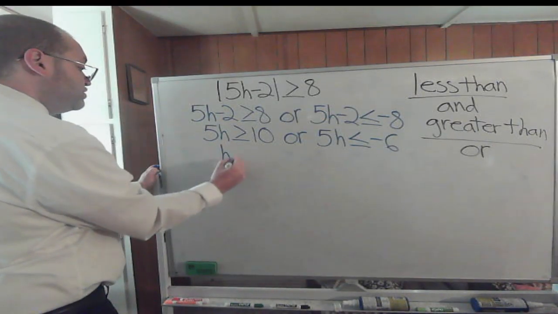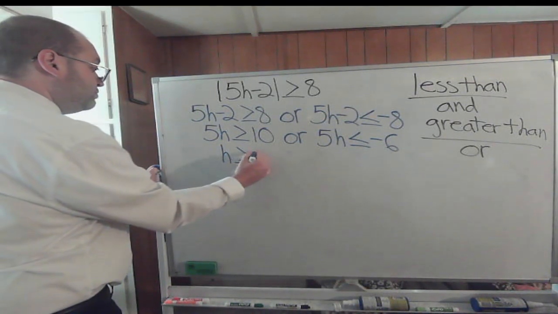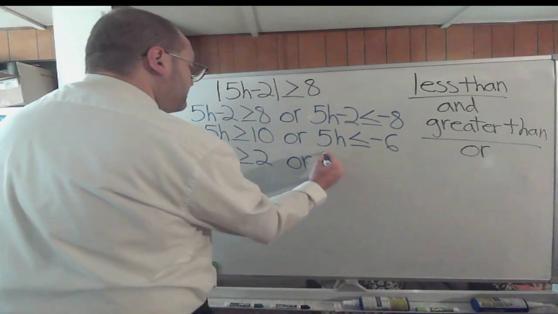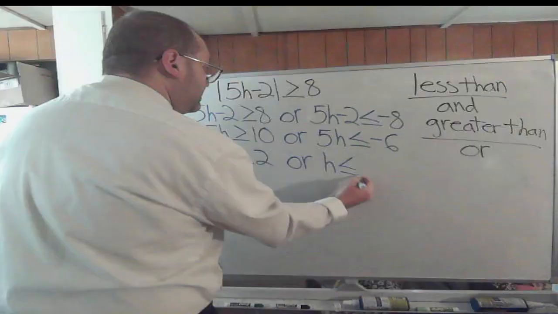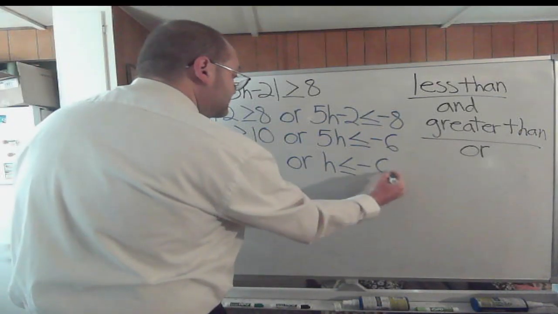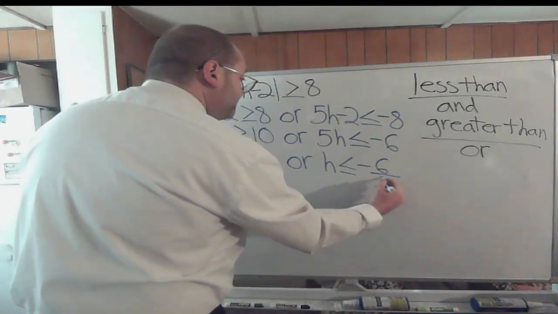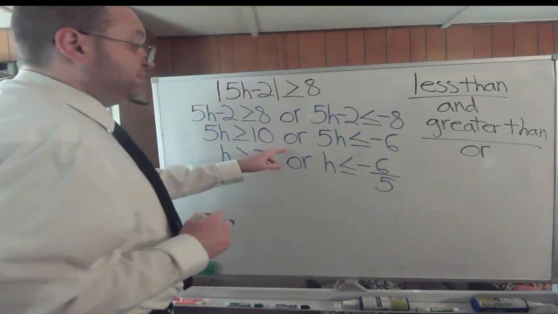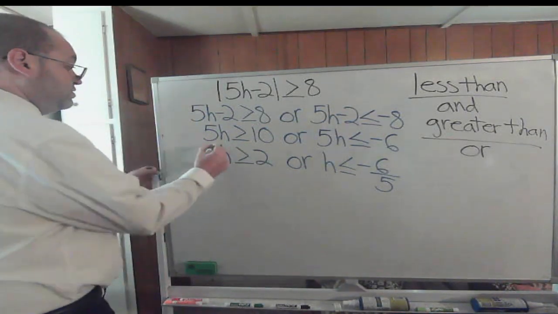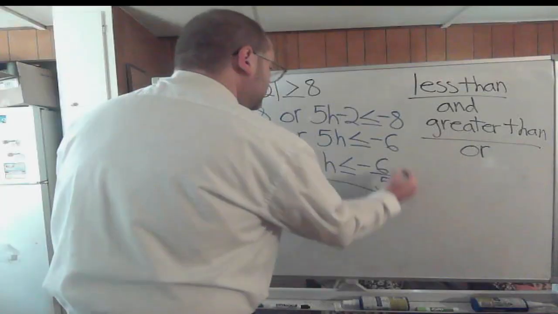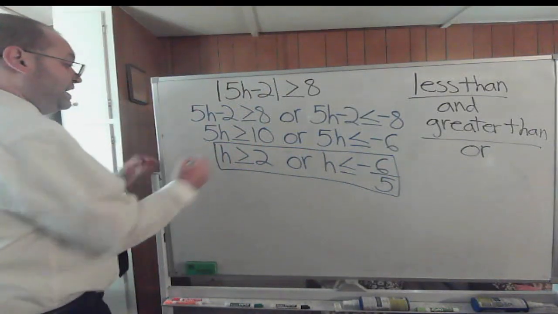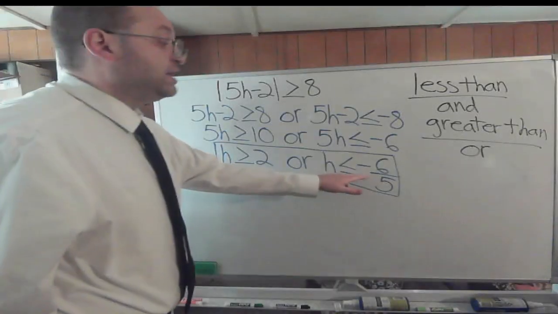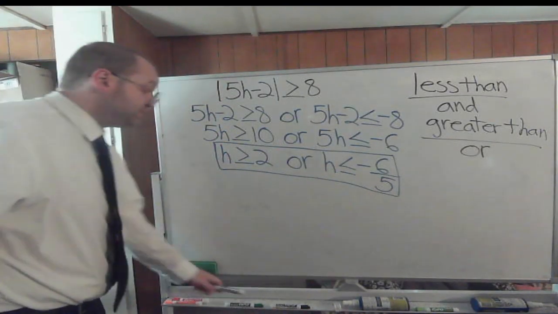You'll have h is greater than or equal to 2, or h is less than or equal to negative 6/5. And that's really all you can do. Since we have or, we have a disjoint set, so the answer to this is going to be h is greater than or equal to 2, or h is less than or equal to negative 6/5.